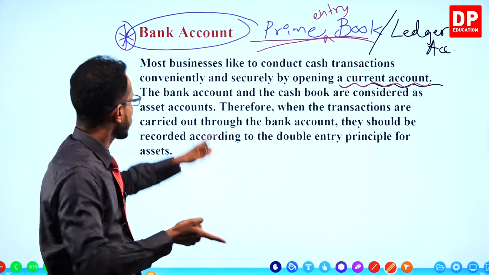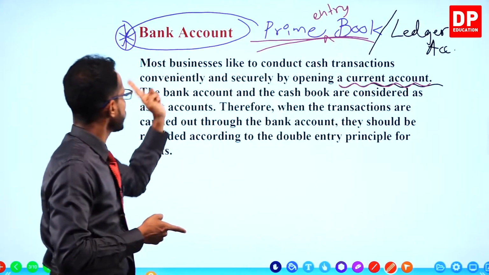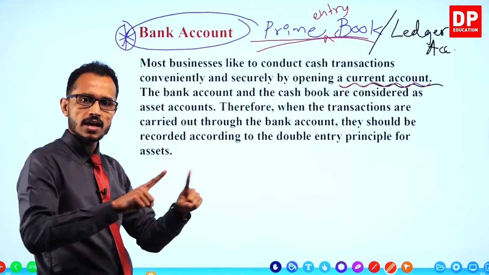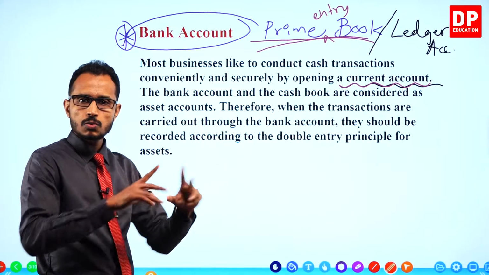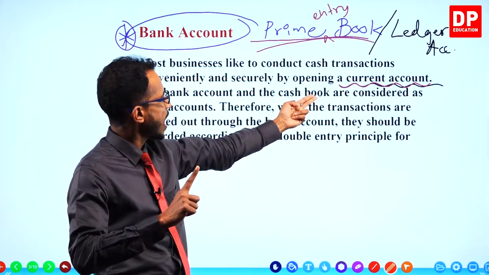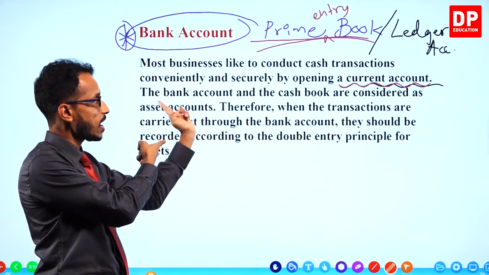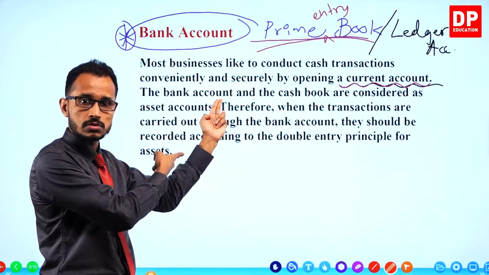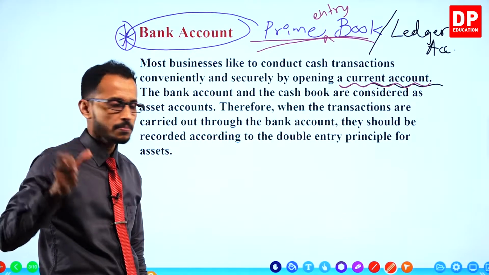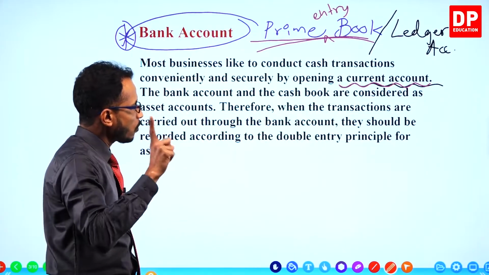All right. The bank account and the cash book are considered as asset accounts. Both are asset accounts. I told you that both are very similar.